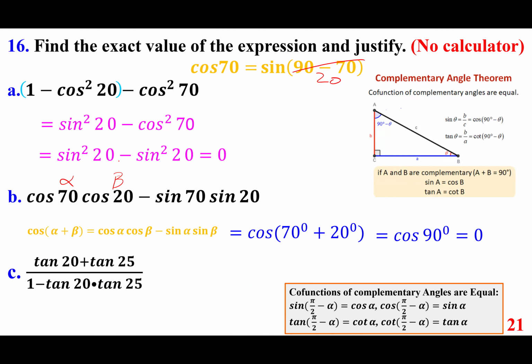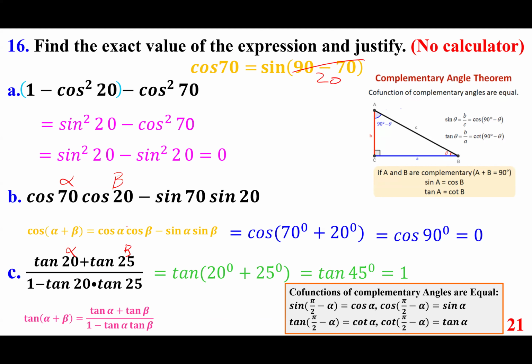tan 20 + tan 25 over 1 − tan 20 tan 25. We recognize this as tan of α + β. Tan of α + β is tan α + tan β over 1 − tan α tan β. So let's say this is alpha, this is beta. This makes it tan of 20 + 25, which is 45. And tan of 45, we should know it's 1.